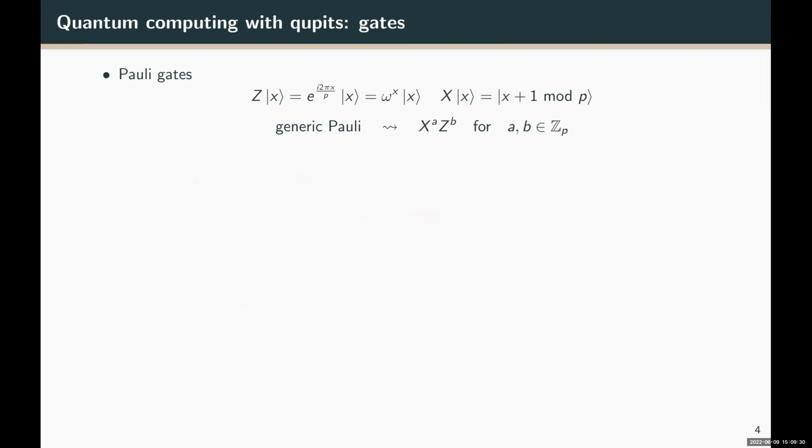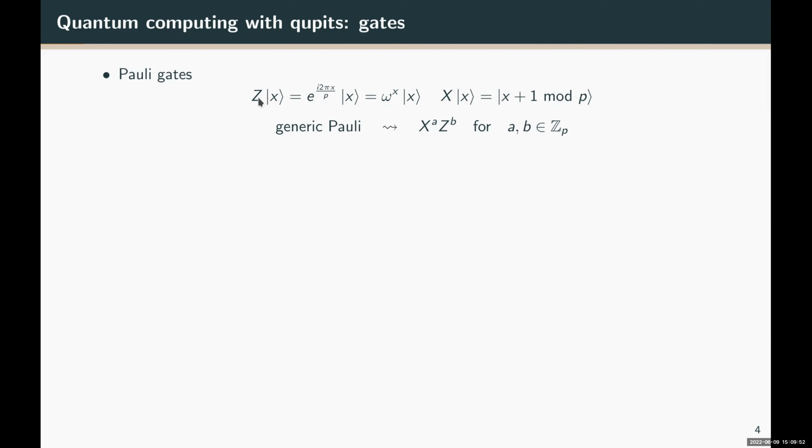In order to manipulate these states, we have a set of standard gates for qubit or qudit quantum computation. I think the most central and most important of these are maybe the Pauli gates. And the Pauli gates are generated by this pair of Z and X operators.